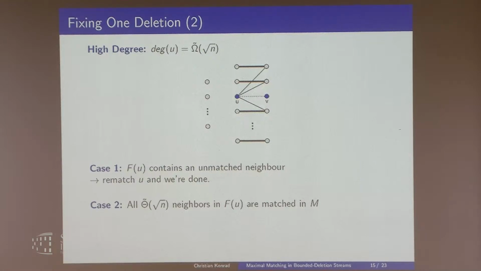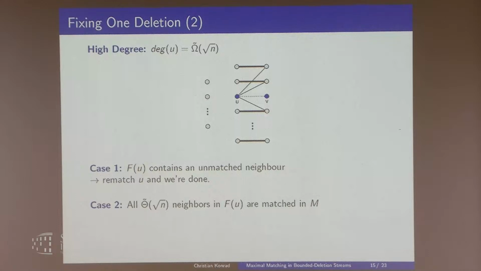So in this case, the edges incident on U illustrate the data structure: these root n, or theta tilde of root n, incident edges that go to matched vertices. Now, the interesting thing to look at is their mates. U goes into this neighborhood, but all of these edges are matched. So looking back at their mates in the matching, there are also theta tilde of root n such vertices.